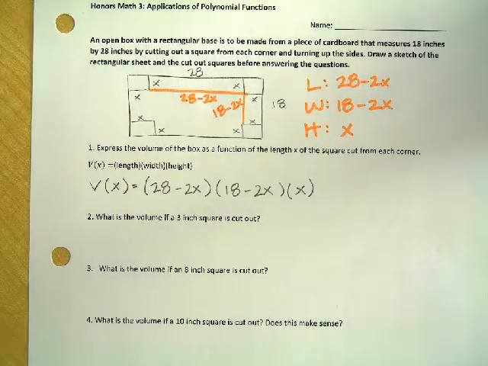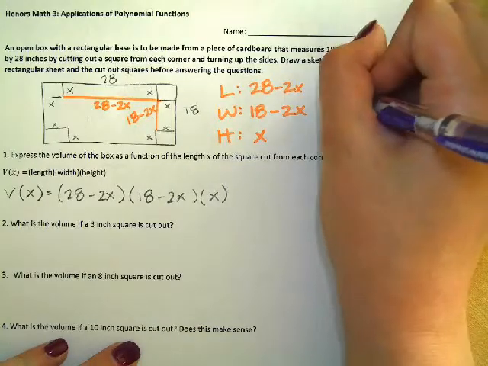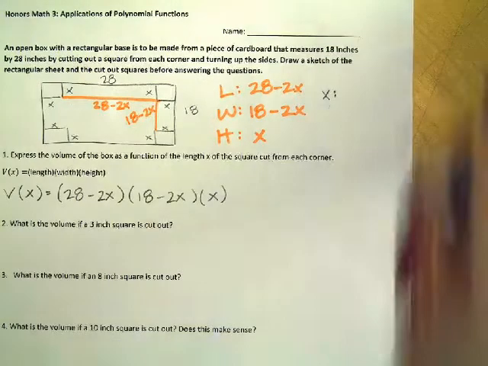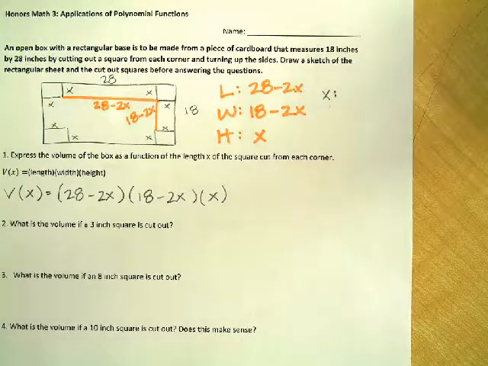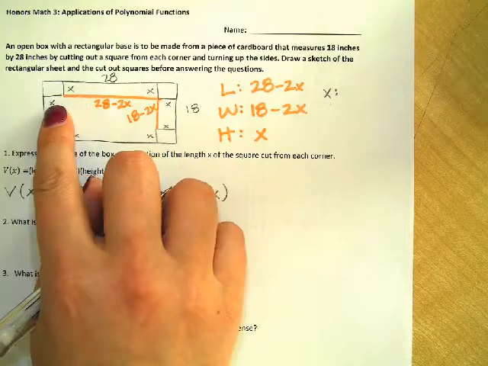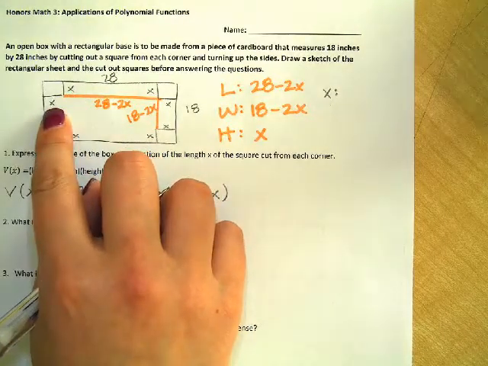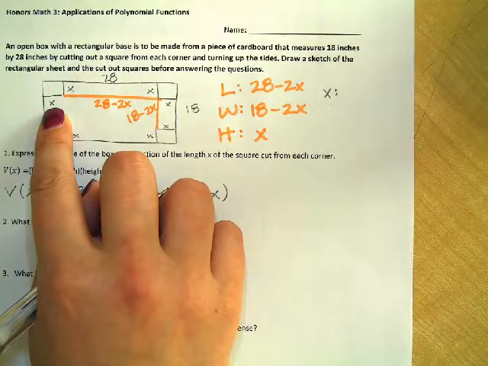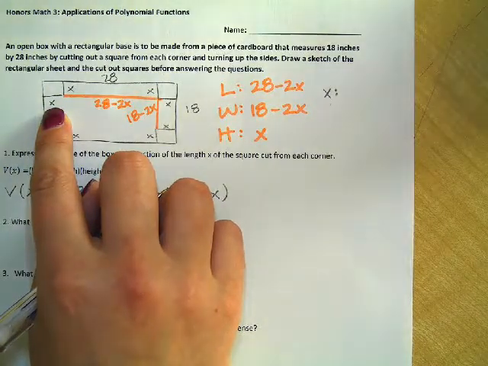So before I move on too much, I'm going to write down what x represented in the original problem because that helps us answer some of the questions later on. When we originally started the problem, we labeled these as x, and what were we talking about? The side lengths of a square that we cut out, right?